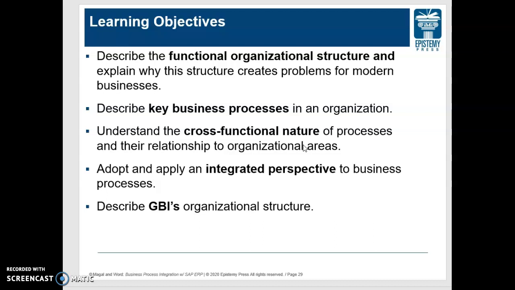We'll also be discussing how most processes cover and use many of the functions in an organization, and we'll talk about how organizations should adopt integrative perspectives with regards to business processes. Then we'll take a look at Global Bike Incorporation's organizational structure and do a brief discussion on Global Bikes, as we'll be using this case throughout this course.